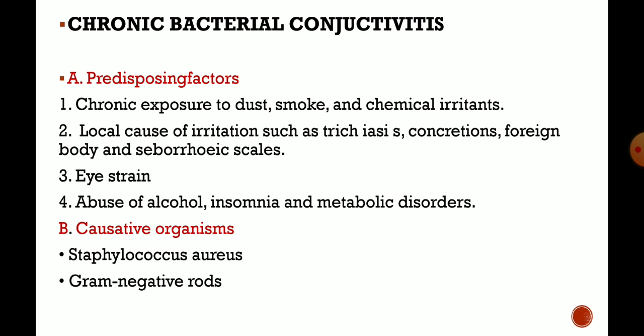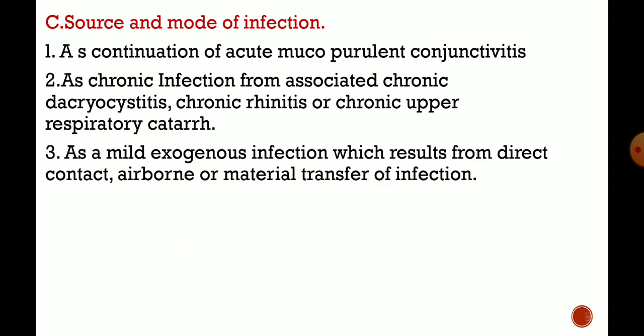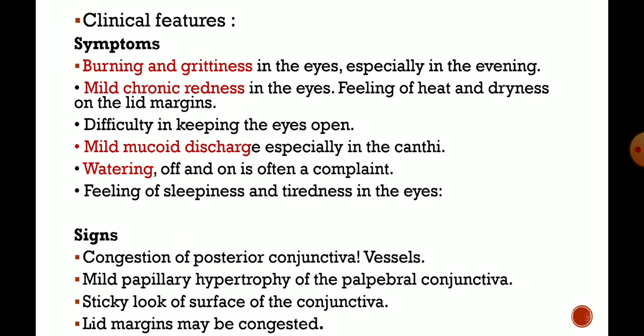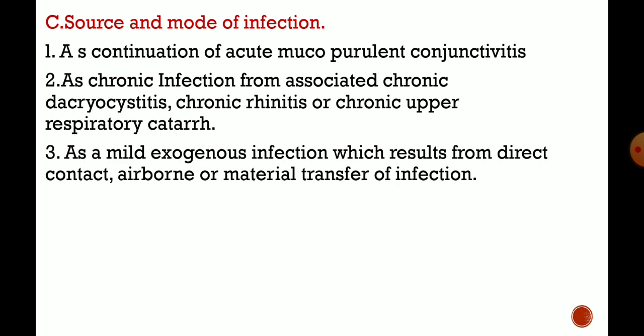Such people are more easily affected with chronic conjunctivitis. The causative organism is Staph aureus. The infection may be a continuation of mucopurulent, or from nearby infection like dacryocystitis, rhinitis, or from direct contact, airborne, or material transfer of infection.